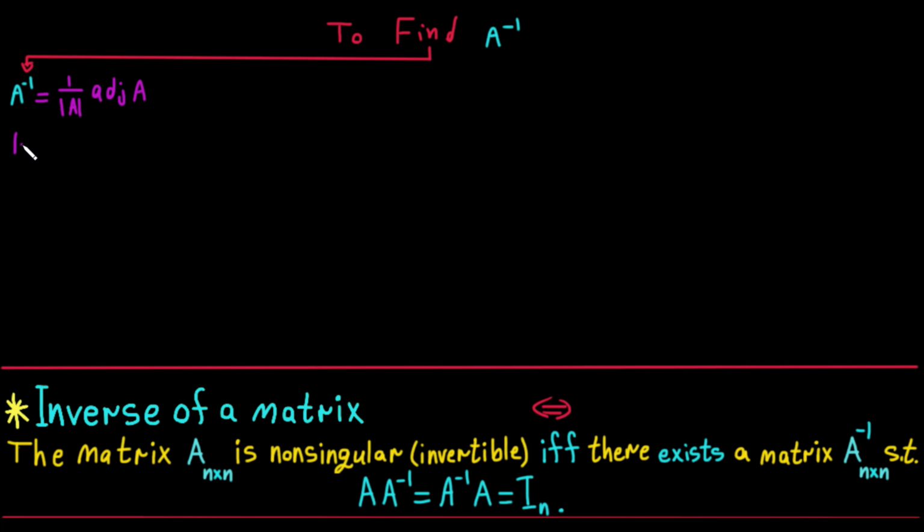In case A is a 2 by 2 matrix, we just have to remember it. Let A equal the matrix with a and d on the first diagonal, and b and c on the other.